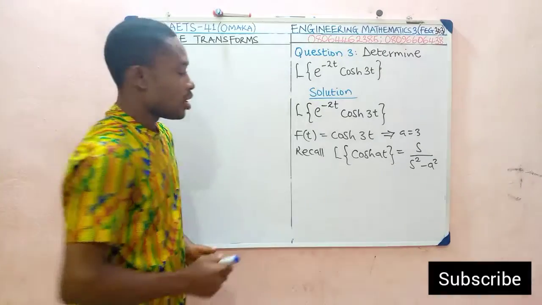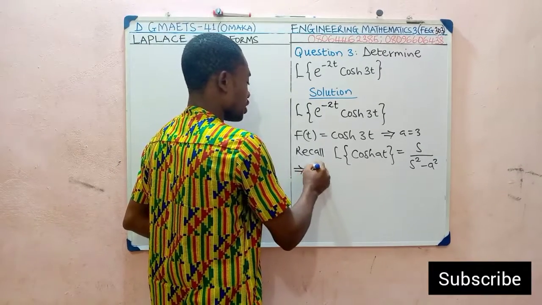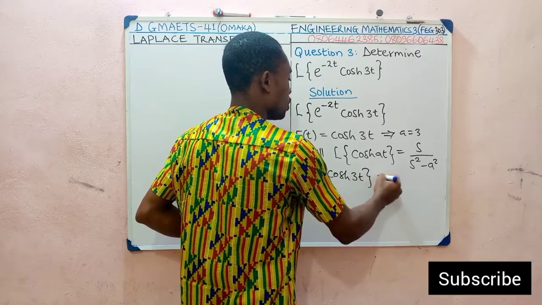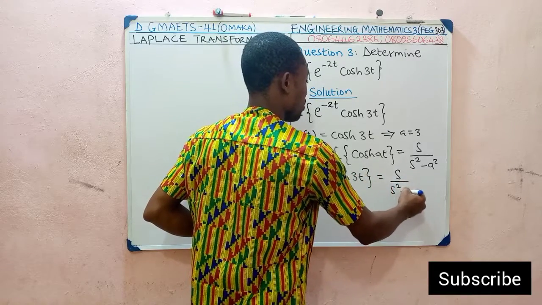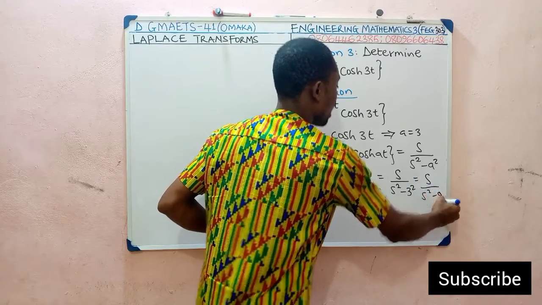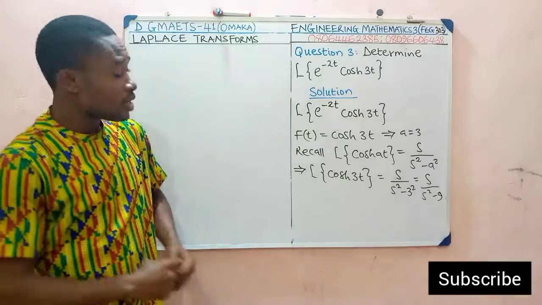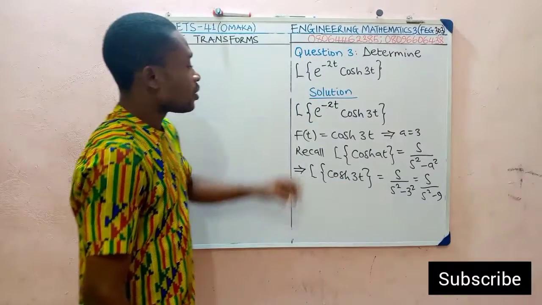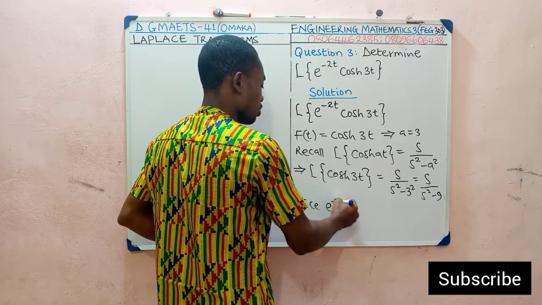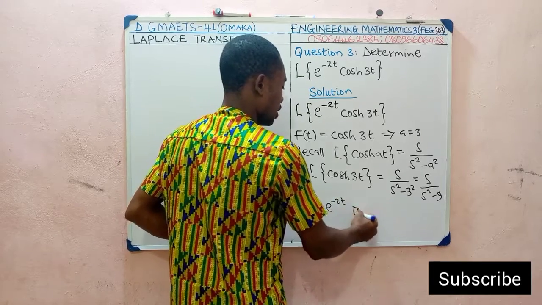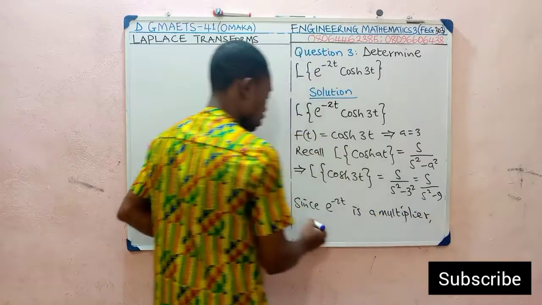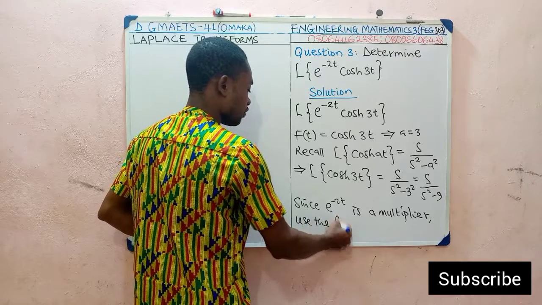Is that okay? Now, this means that the Laplace of cos 3t will now be equal to s all over s squared minus 3 squared, which is s all over s squared minus 9. I will take the Laplace of cos 3t. There is a multiplier here. So since exponential minus 2t is a multiplier, use the first shift theorem.